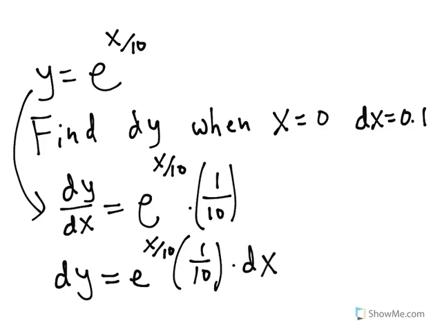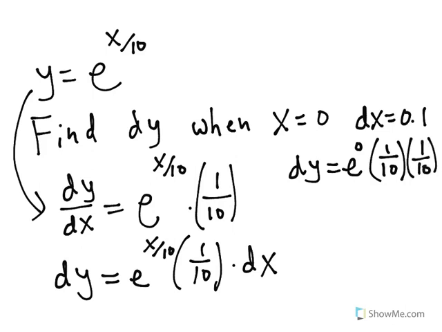Go ahead and plug in the information you're given at the beginning, and you should get dy equals e to the 0, that's just 1, times 1/10, and dx is 0.1, that's another 1/10. So dy here is actually 1/100, or you could write it as 0.01.